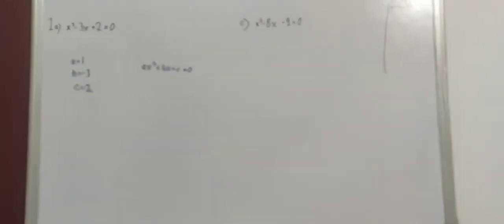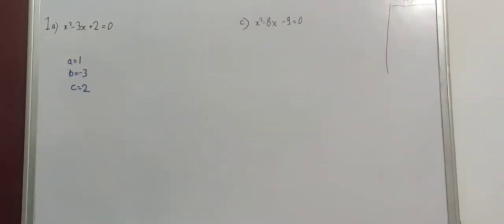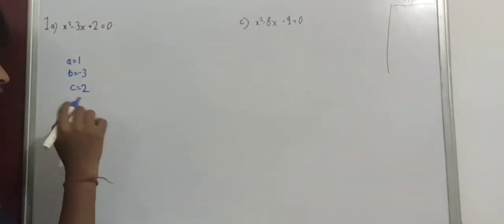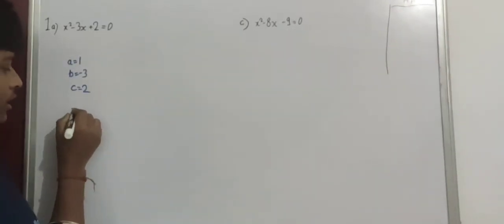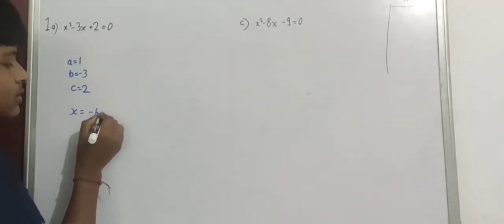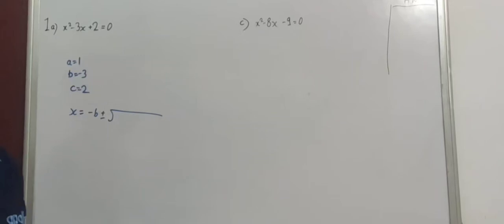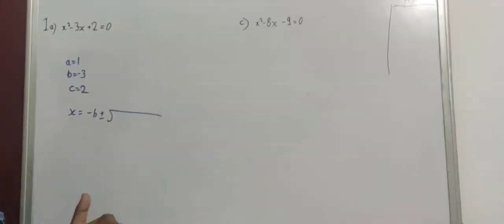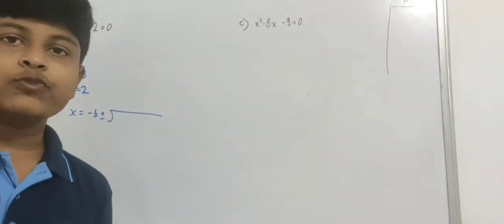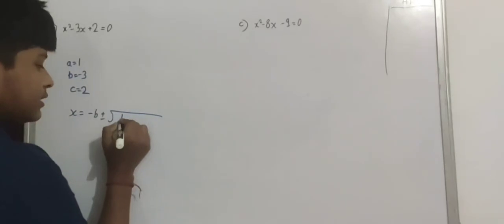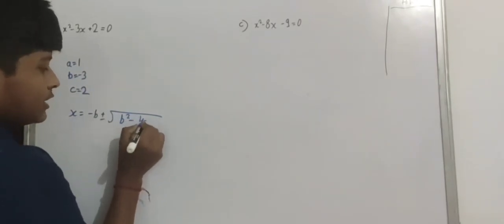So now use the formula of x, that is x is equals to minus b plus minus under root b square minus 4ac divided by 2a. So b square minus 4ac is discriminant, so write the formula of discriminant: b square minus 4ac.